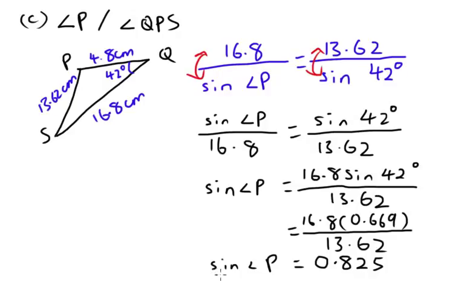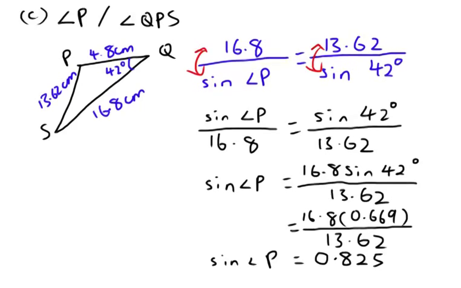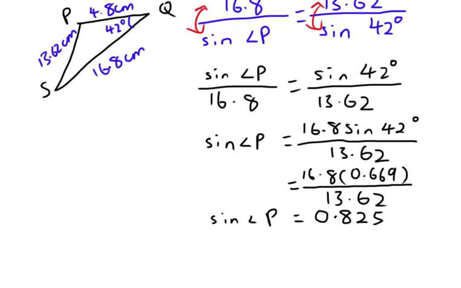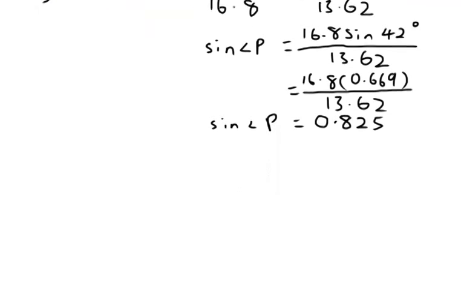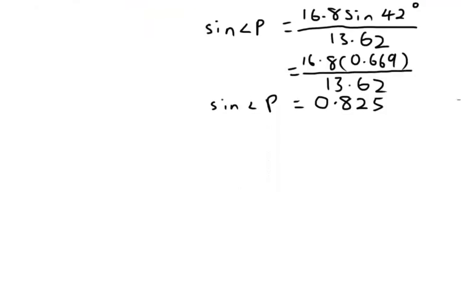Since sine angle P equals 0.825, you can do it very fast. To get the angle P, you just need to use shift sine. Let's move a little bit down, and to get the angle P, you just have to do sine inverse 0.825.